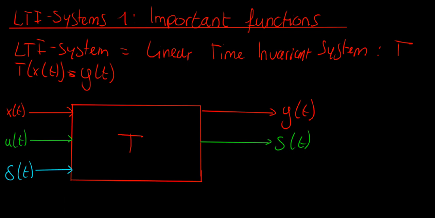If the signal that you input is equal to the step or the delta function, then it is not called y(t); in that specific case it's called s(t), the step response, or the impulse response, h(t).